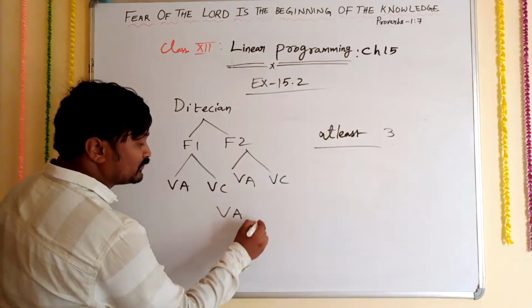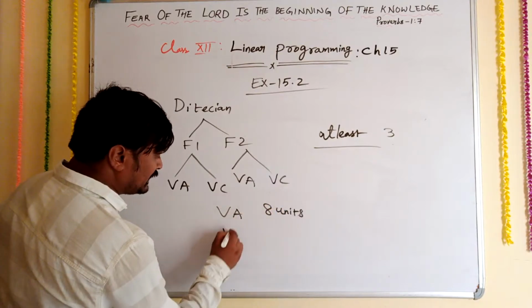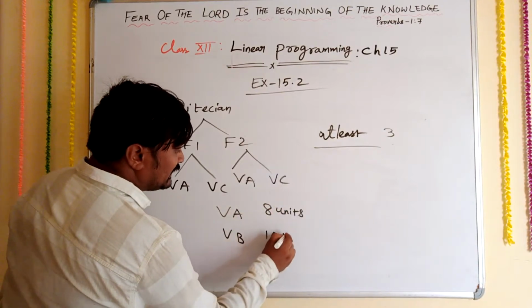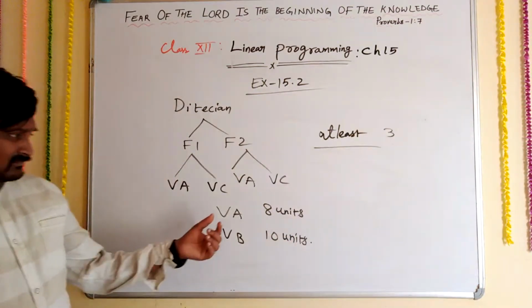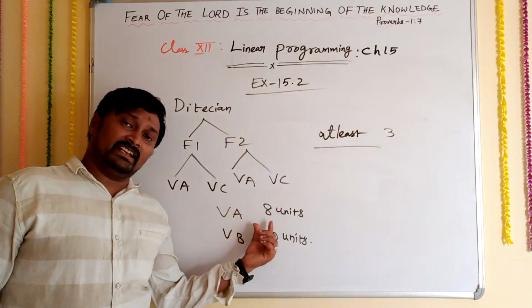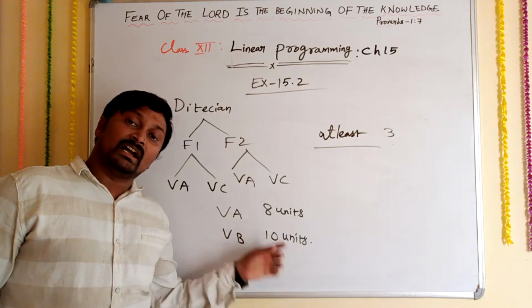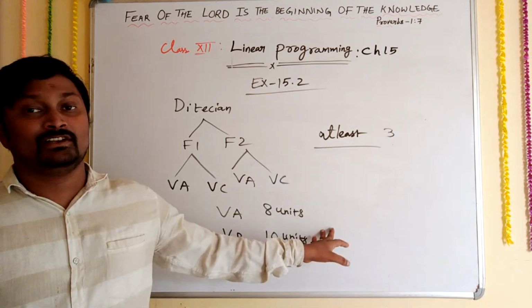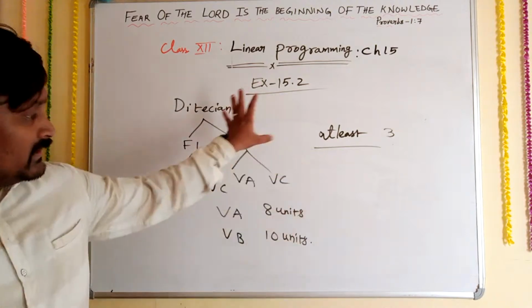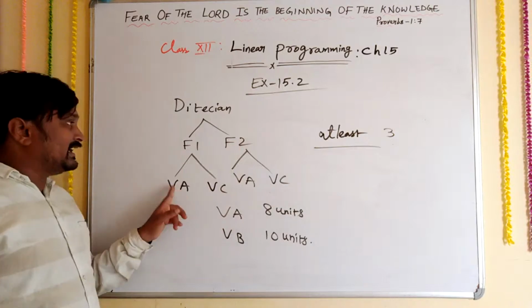So vitamin A, 8 units you require, and vitamin C, you need to get 10 units, and more than that you can also use, per kg. So per kilo.